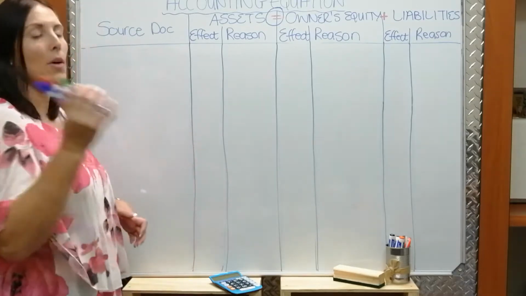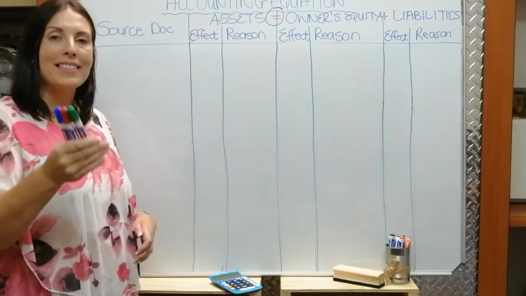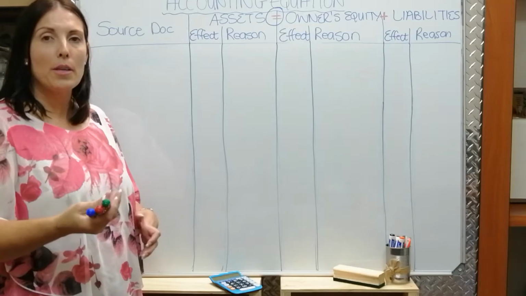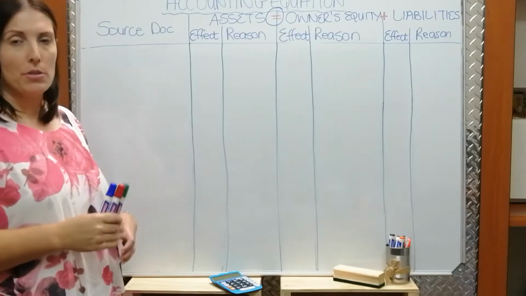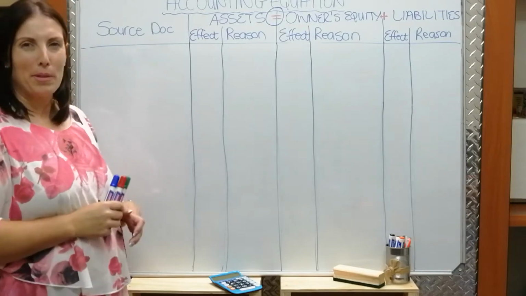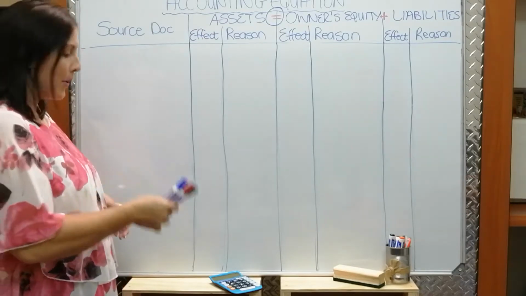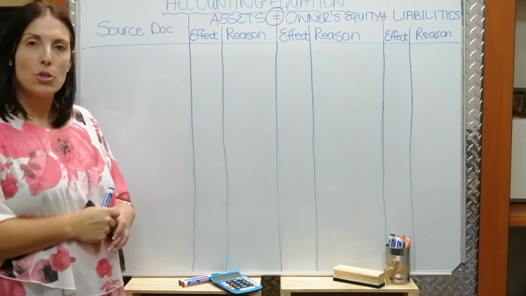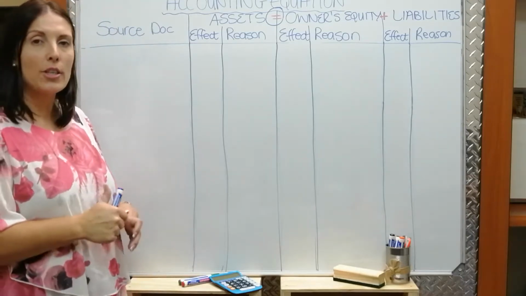And before we get going, I like to make use of different colors when I explain the accounting equation. So if you've got them on hand, it's nice to also use it when you complete your exercises, and just makes it a little bit more easy to remember. Okay, so if we start with the source document, what is our source document in a credit sales transaction?